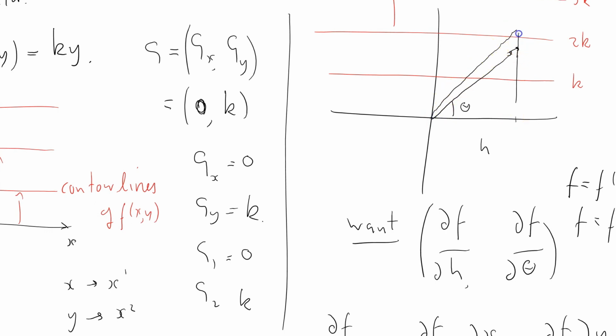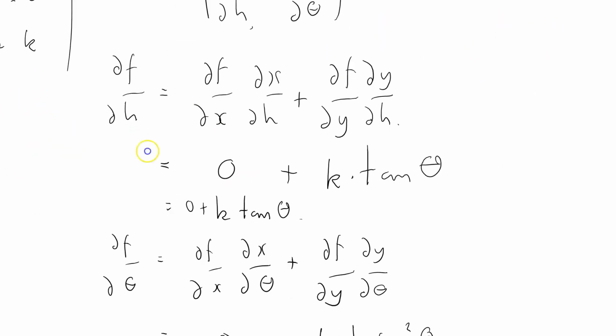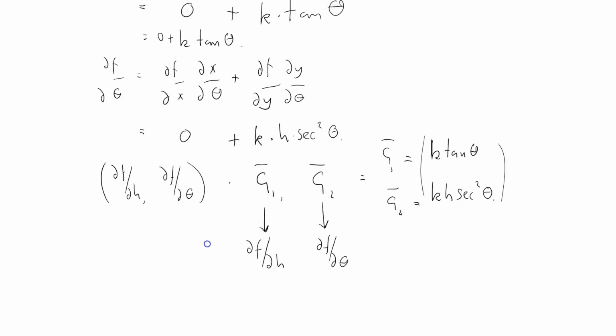H must stay the same, so you've gone up there. So if you change θ by a little bit, you've moved up in this direction here. And of course, if you change h a little bit, you've got to move along this line here, because you're not allowed to change θ, and so you've moved up a little bit here. So that's why these components are like that.